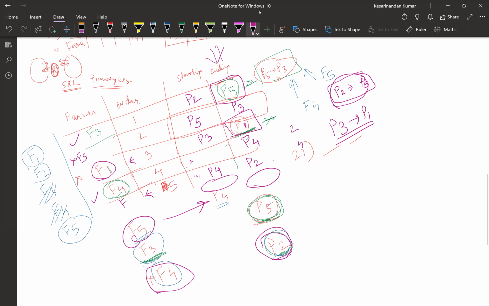Because F4 is already present here, F5 has to be here. F1 cannot be here. F1 will be here, right? Yes. Which farmer is left now? F2. F2 will be here. And now, P1. Exactly, done.